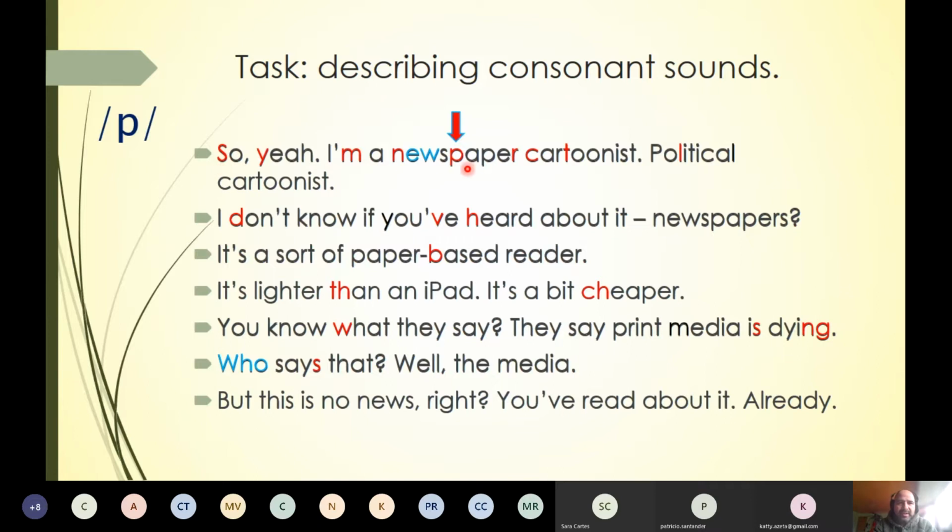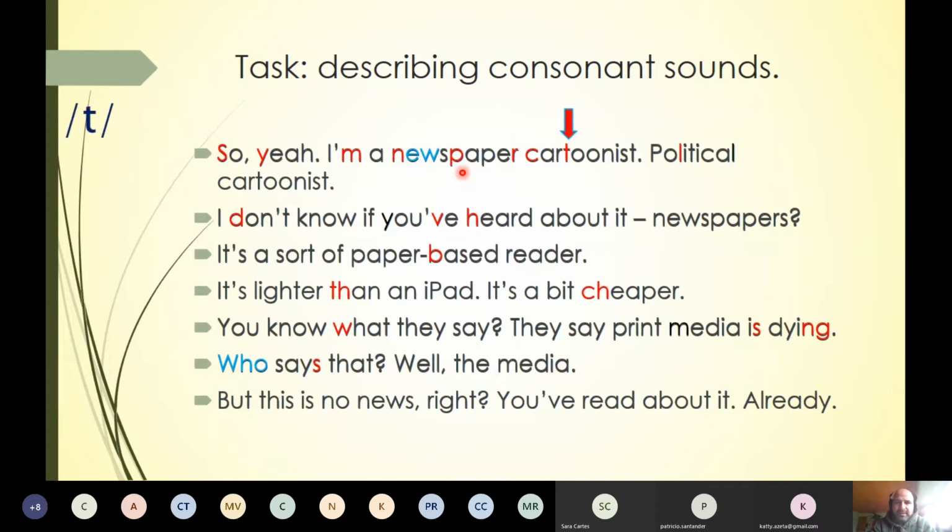So p in paper is voiceless. It is a bilabial sound, and it's plosive. Next one is l, which is voiced. It is an alveolar sound, and it's liquid. Then in cartoonists, we have k, which is a voiceless, velar, plosive consonant sound.